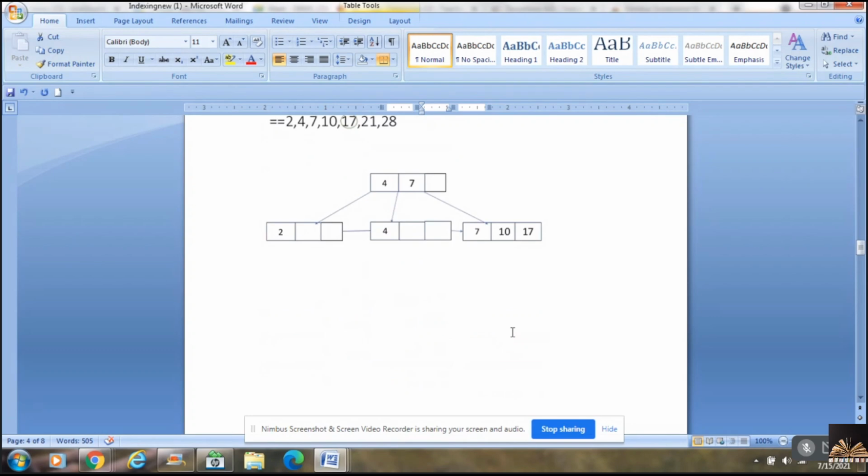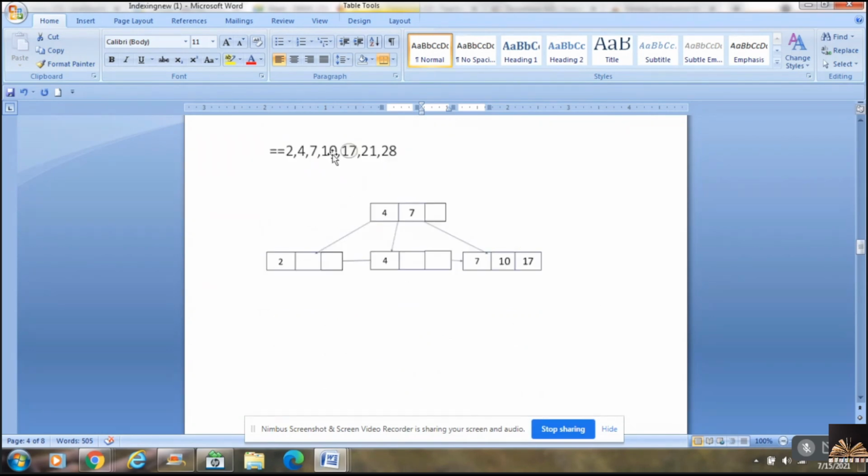Next, talking about 21. Where does 21 come? Try to understand. 21 is greater than 7, so 21 will come towards the right of 7. Now this particular node is already full. Again, what happens? 10 will go towards the top.